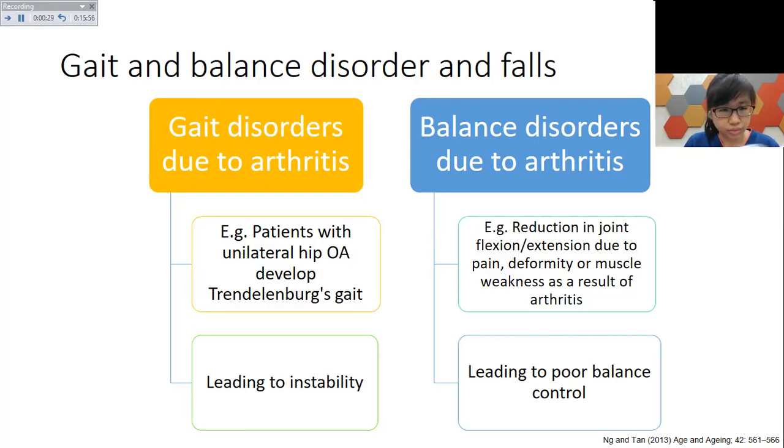Balance disorders due to arthritis, such as reduction in the joint flexion and extension range of movement due to pain, or joint deformity or muscle weakness as a result of arthritis, can lead to poor balance control, thereby contributing to falls.